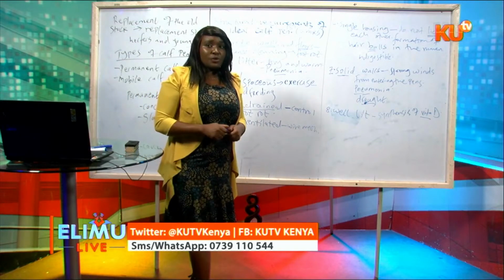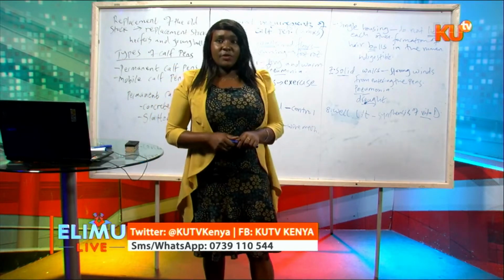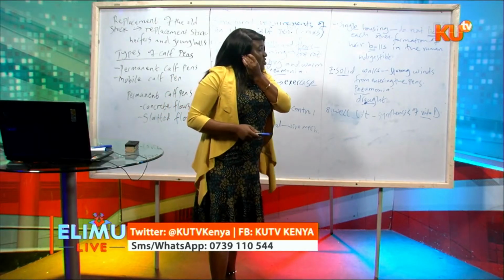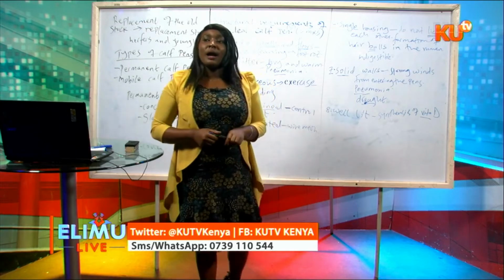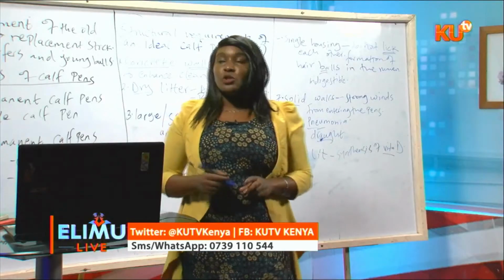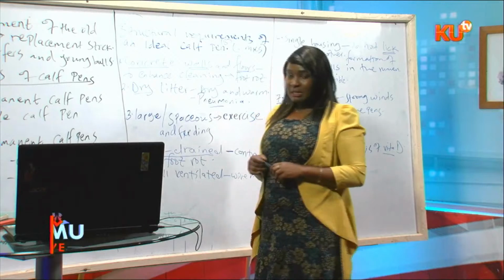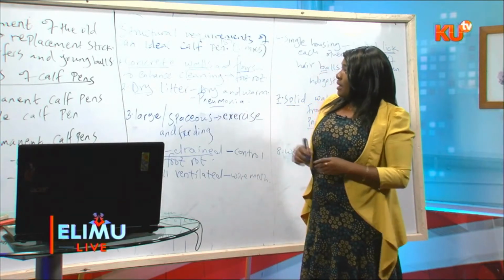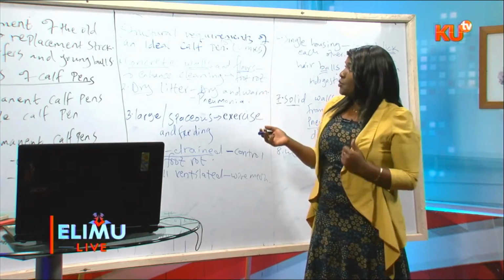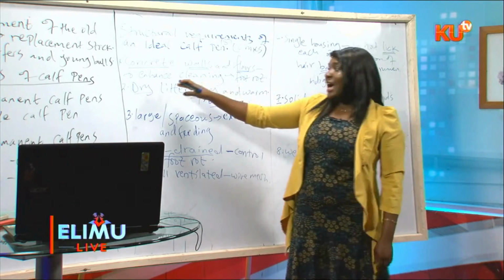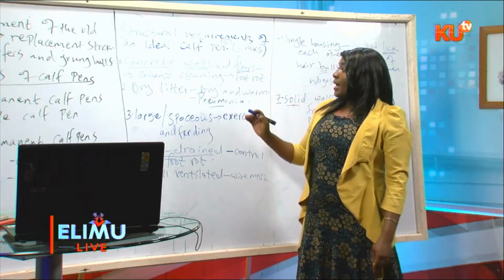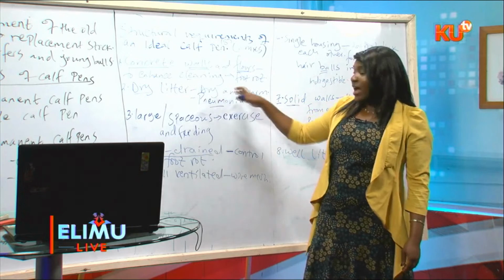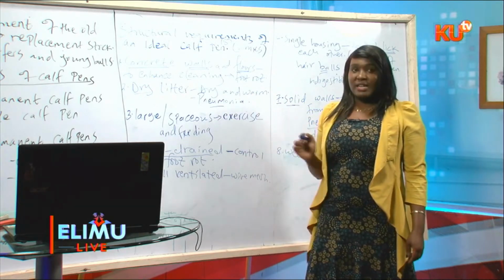And during this period of COVID-19, you can even try to construct a simple calf pen, putting all these factors into consideration. Even if you cannot come up with a concrete one, try to see what you can do to ensure that the calf pen is easy to clean, and that it is dry and warm, of course by putting dry litter.